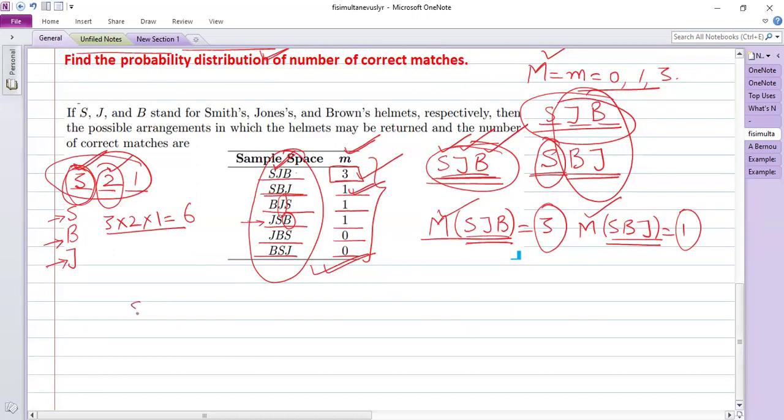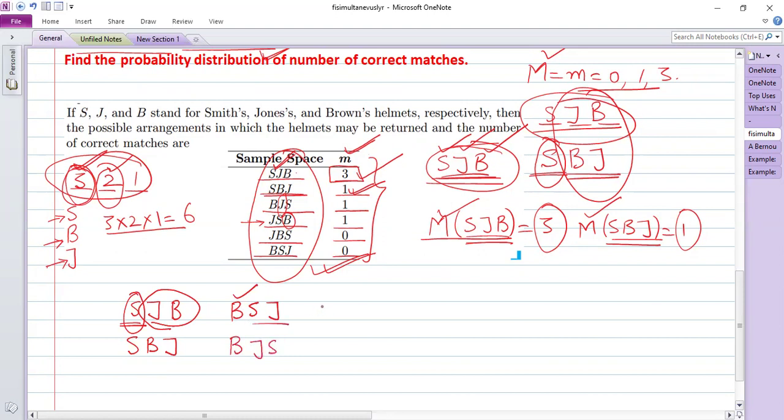So for these 6, how to write them down? Just write in any order. Say I am writing SJB. Now keep this S fixed, keep this first entry fixed and permute these, so it is SBJ. Now you can write BSJ, keep this B fixed and permute the rest, so BJS.